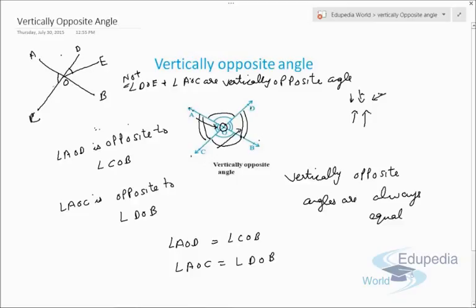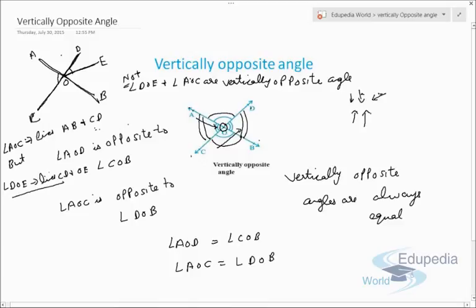Why? Because to be vertically opposite angles, the lines should be the same. We can clearly see that angle AOC is made by the lines AB and CD, but angle DOE is due to lines CD and OE.